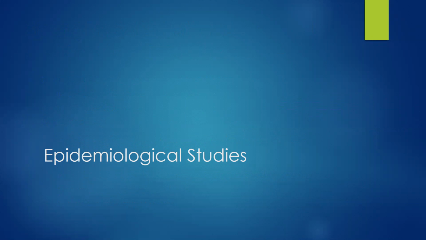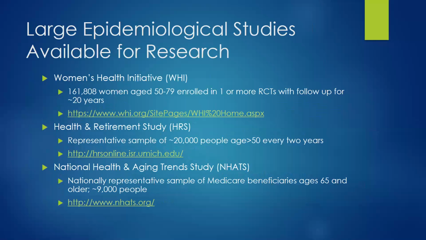So another potential source is epidemiologic studies. A number of large studies have been done over the years and are ongoing now that make their data available to other people. A few examples are here: the Women's Health Initiative, the Health and Retirement Study, and the National Health and Aging Trends Study.